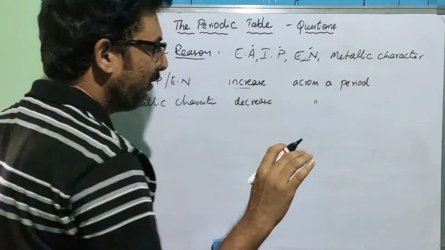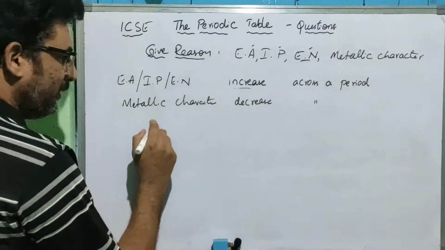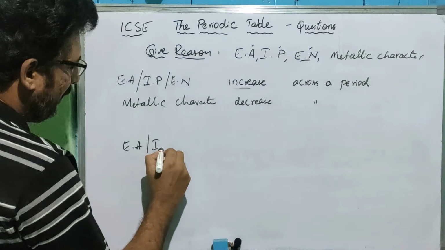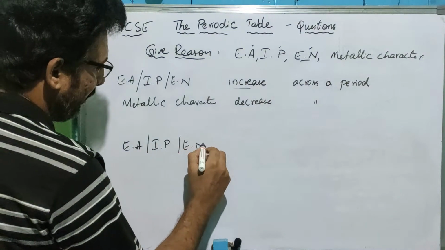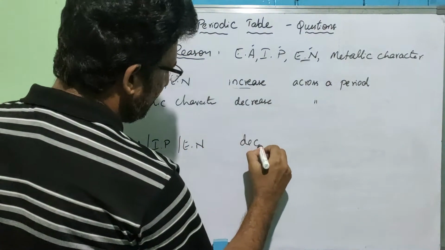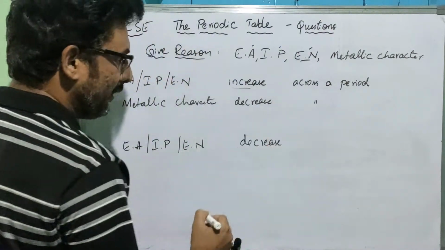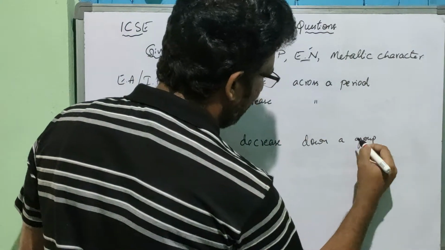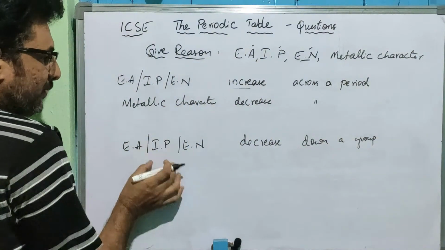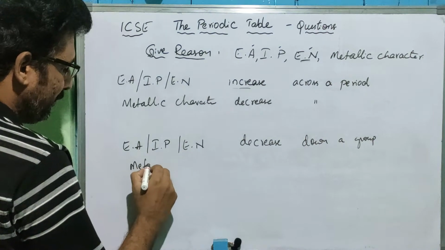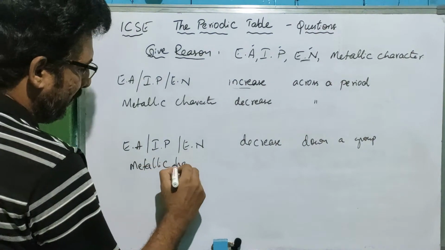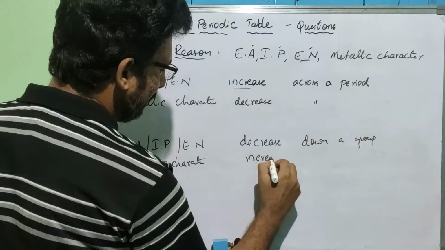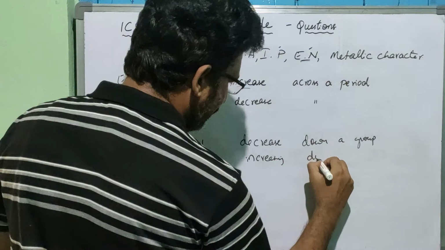Okay, and if you take these down the group, electron affinity, ionization potential, and electronegativity will decrease down a group, and the metallic character will be opposite to them. So the metallic character of the element will be increasing down the group.